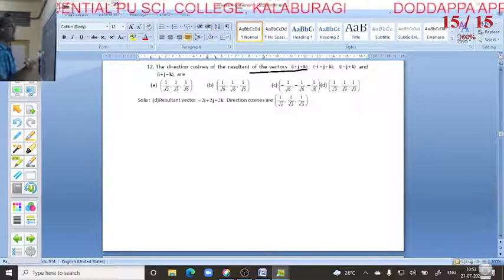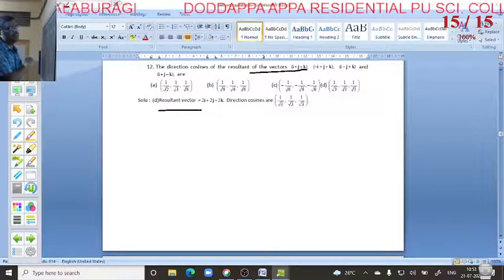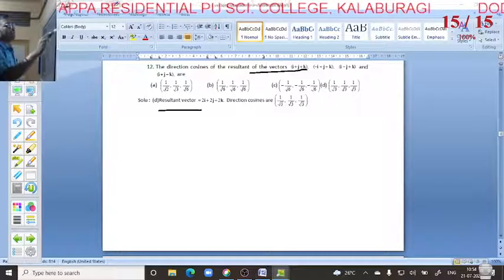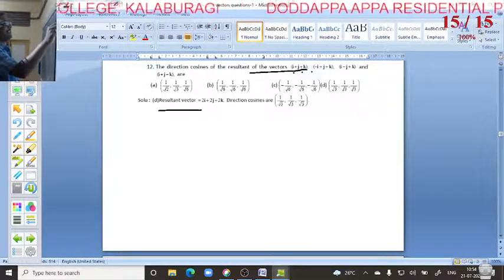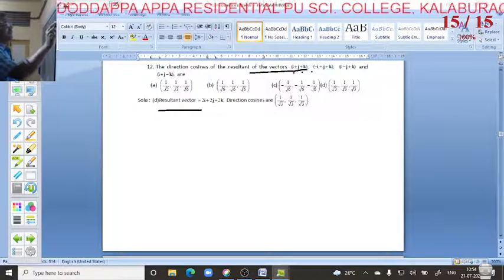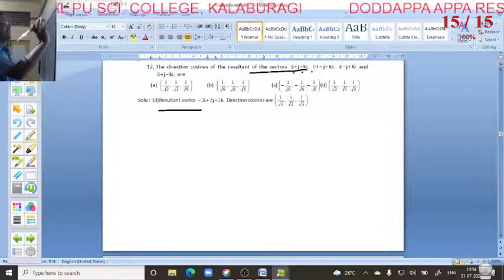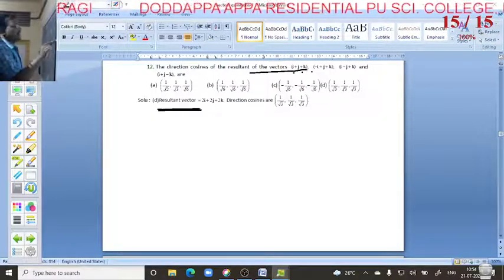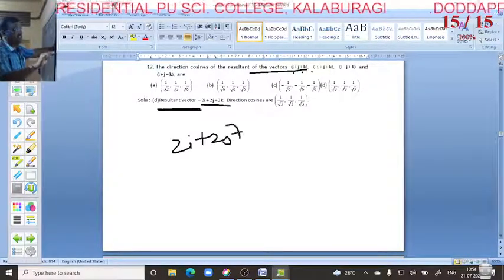Here 4 vectors are given: one is i plus j plus k, next minus i plus j plus k, next i minus j plus k, and next i plus j minus k. The resultant vector we already get is 2i plus 2j plus 2k.